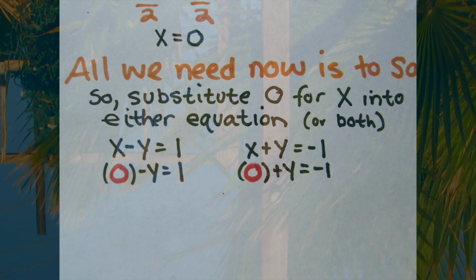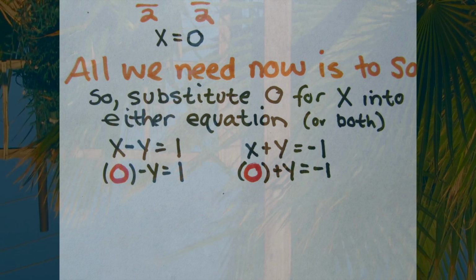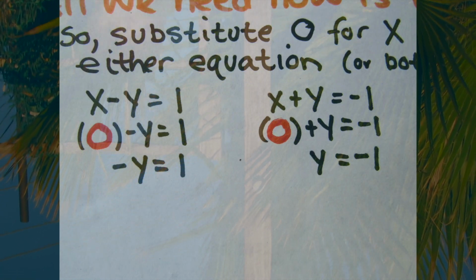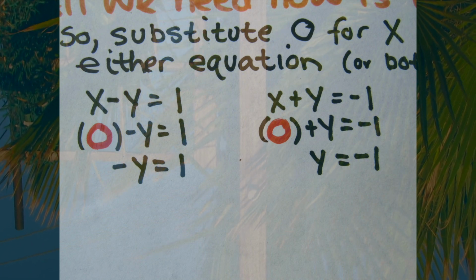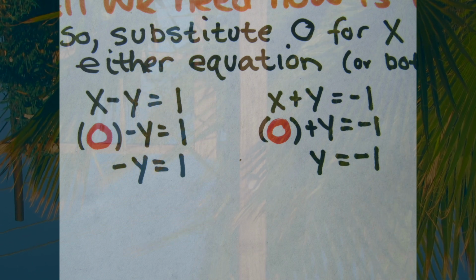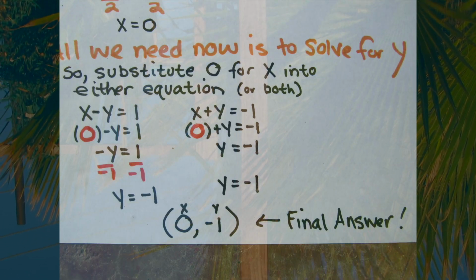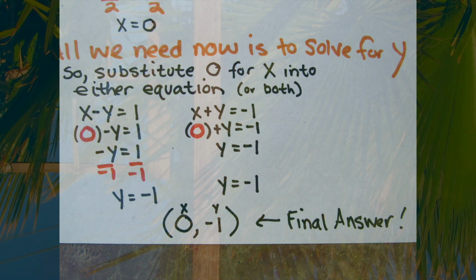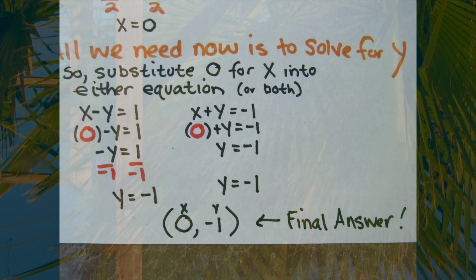So substitute 0 for x into either equation or into both of the equations. I've done that, and I discovered on the right equation that I get y equals negative 1. It's one extra step on the left equation, but either way I get negative 1 for y, so my final answer where they meet is at (0, negative 1).